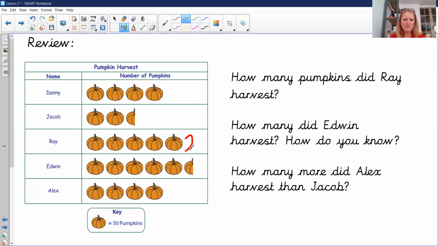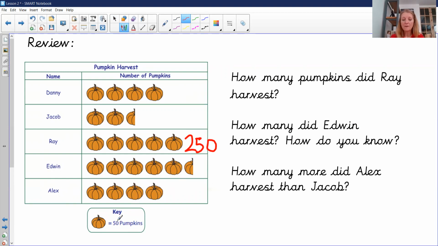I'm just going to write that number in there. So 250 for Ray. How many did Edwin harvest? Let's find Edwin. Oh gosh, even more. So half a pumpkin more. So if 1 pumpkin means 50, what would half a pumpkin mean?